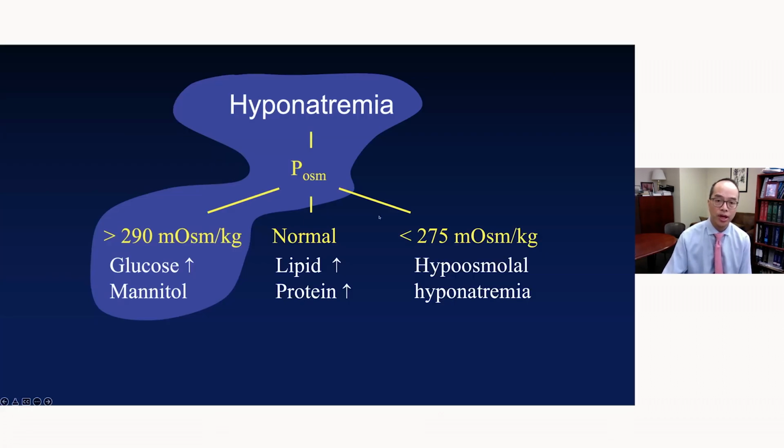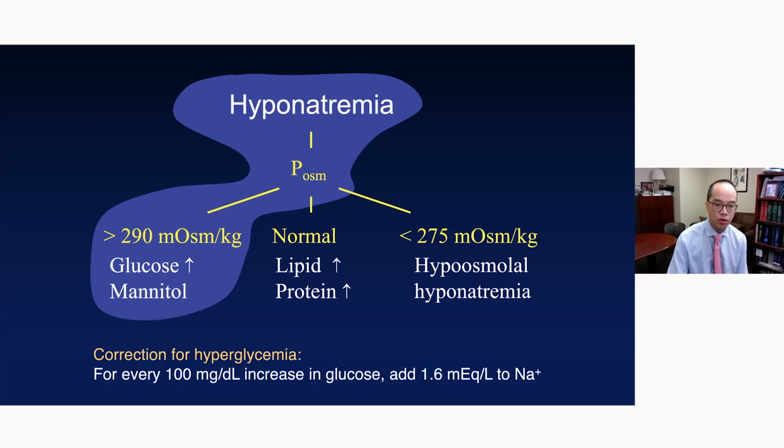So remember, if you have a patient with hyponatremia who's hyperglycemic, they don't have true hypoosmolar hyponatremia. To really understand their true osmolar status, you need to correct for the hyperglycemia.